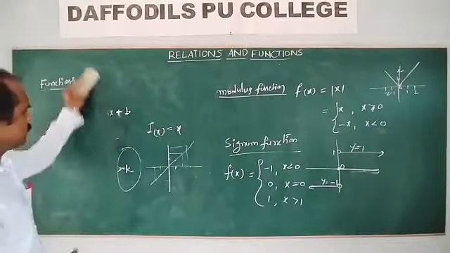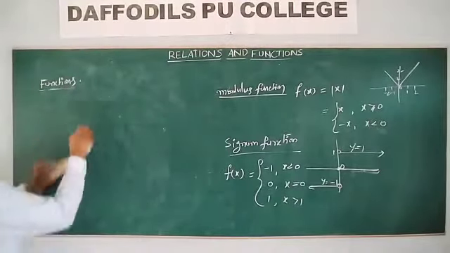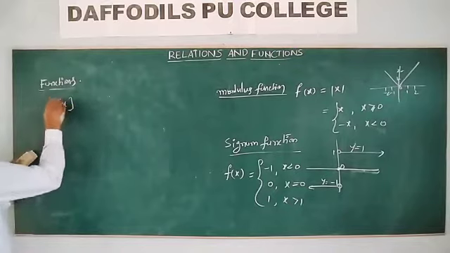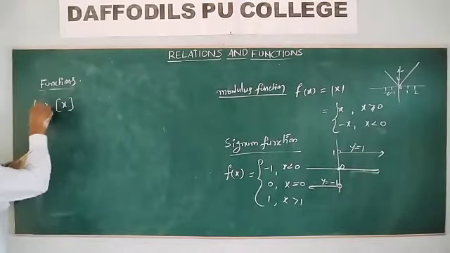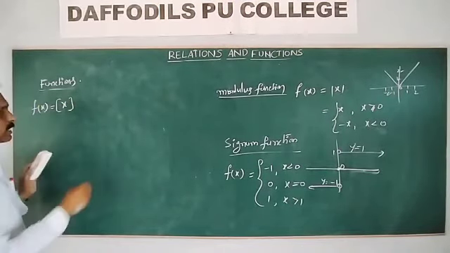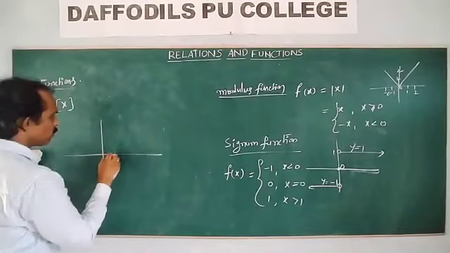And next, our greatest integer function. What is the greatest integer function? It is denoted by the step x, denoted by this symbol, greatest integer function. This is the graph.